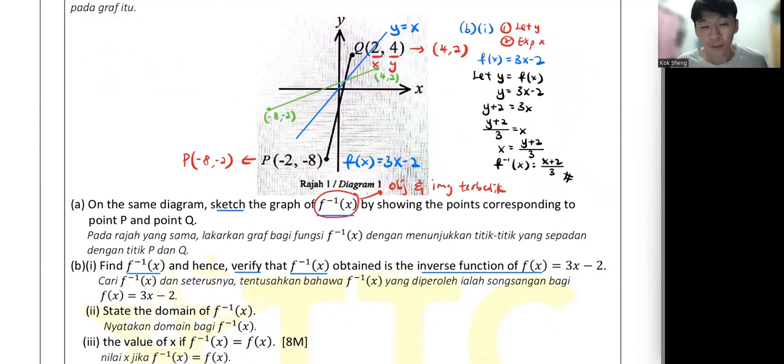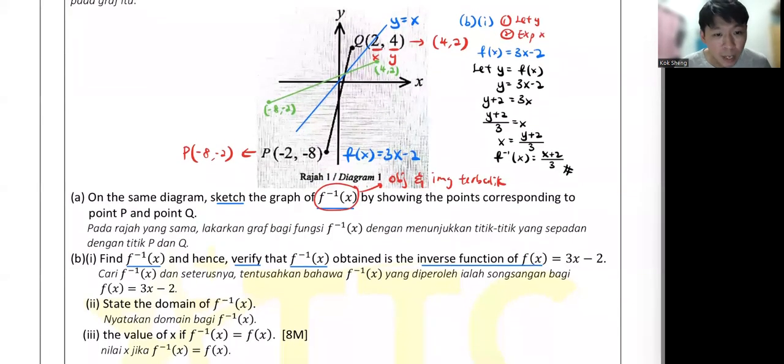This part is for you first, later you need to verify. How do we verify? How do we determine that the inverse obtained is really the inverse of f of x? It seems like the question doesn't believe our answer.